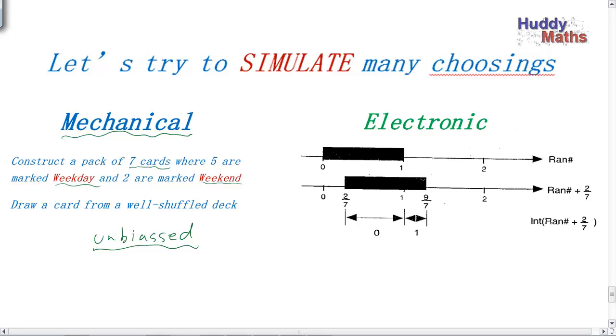What about electronically? Well, I guess you can see that we are able now to simulate a situation where one outcome has a probability of 5/7 and the other outcome has a probability of 2/7. Let's have a look at it. We're going to go random number for a start. Then if we add 2/7, have a look at the diagram. It all moves up that way.